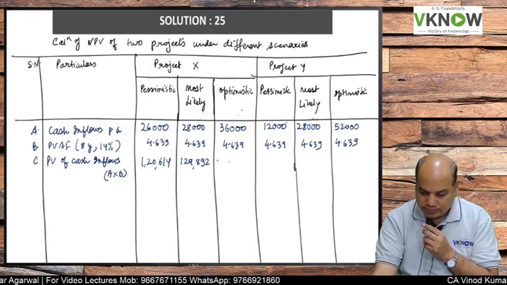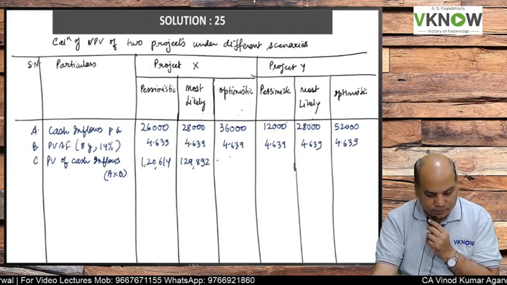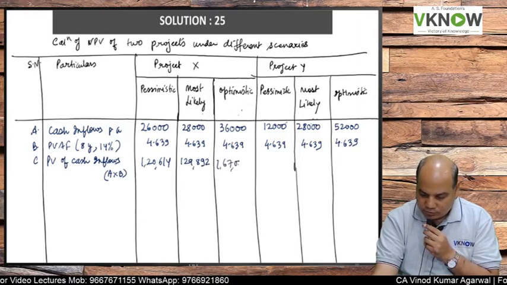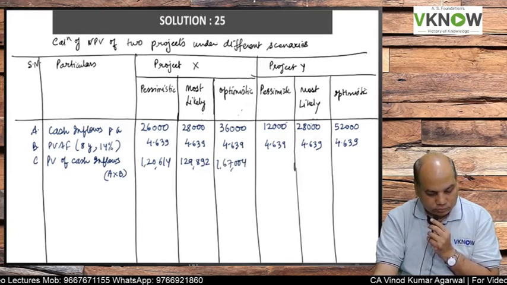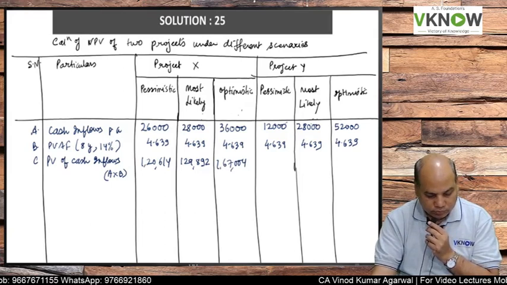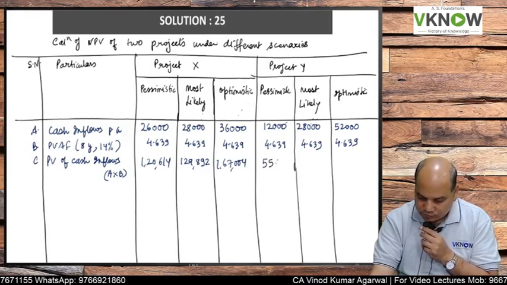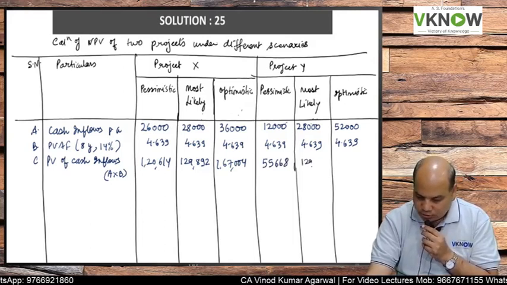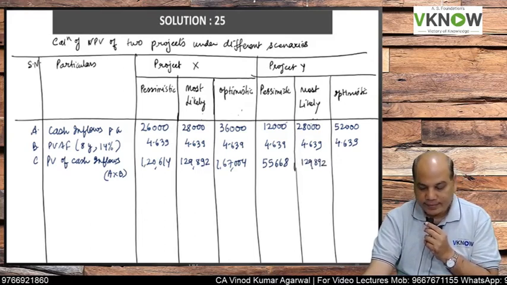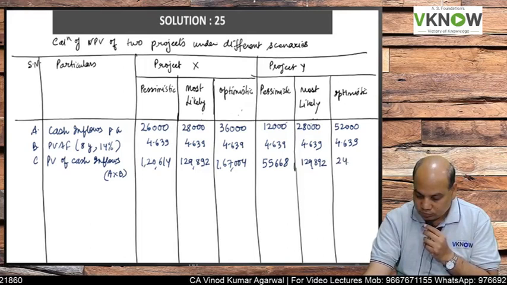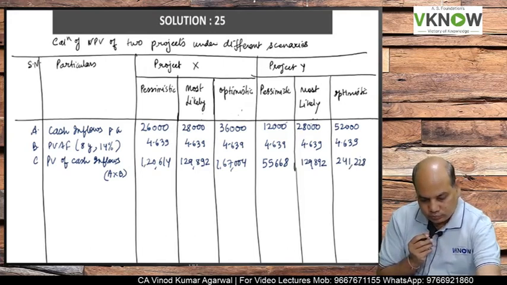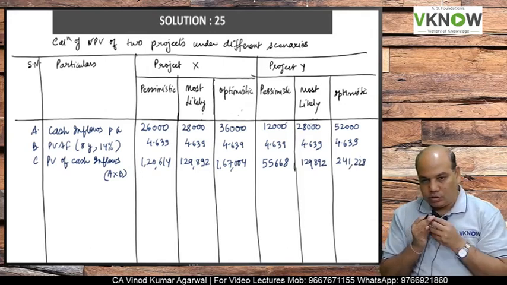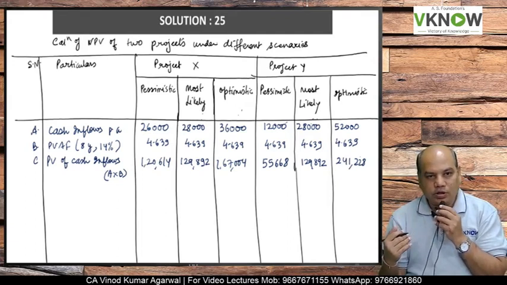Then 167,004. Then next one, 55,668. 129,892. Next one, 241,228. Any question on this? The answer should flow in such a manner easy to understand.